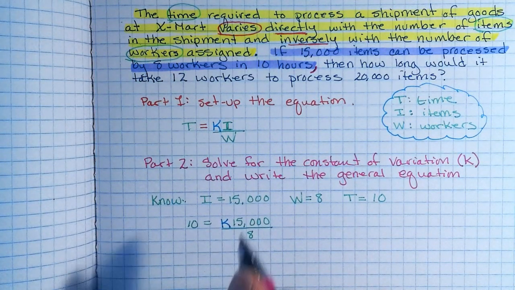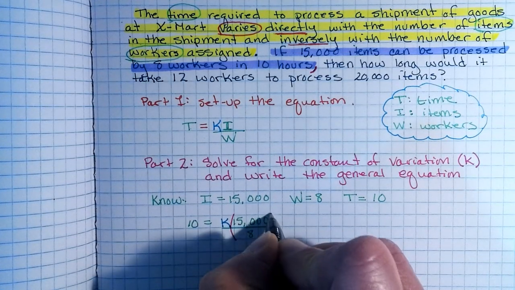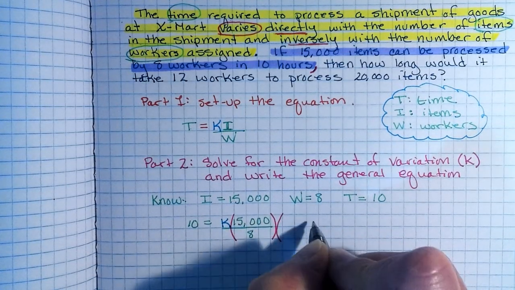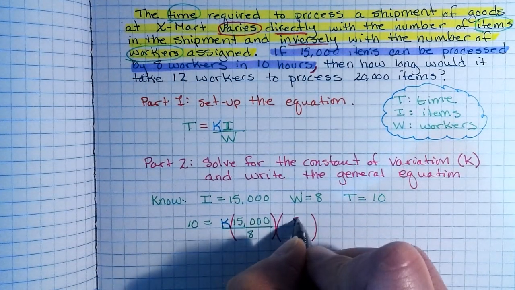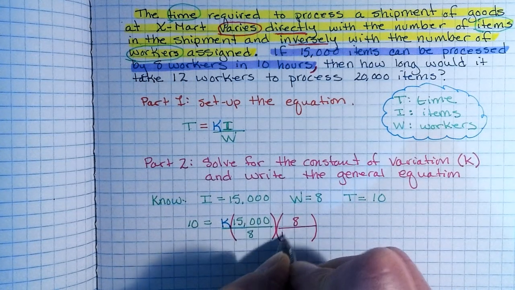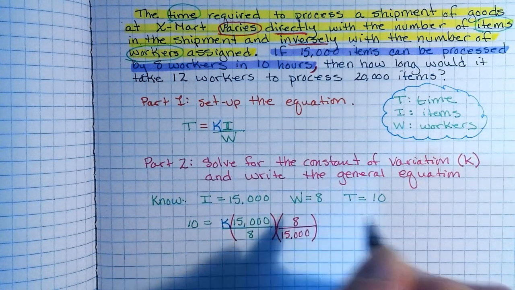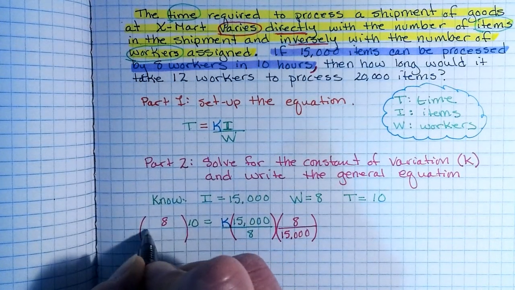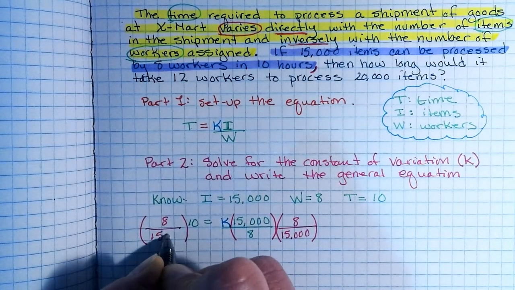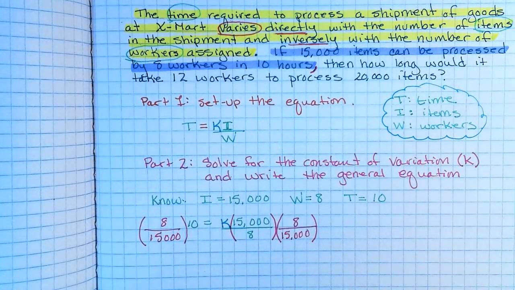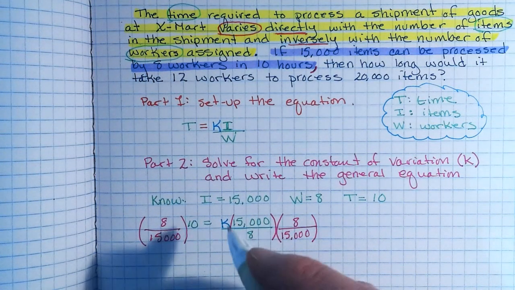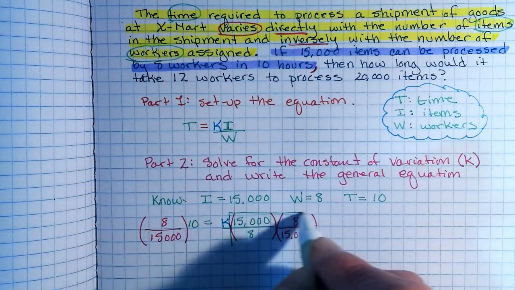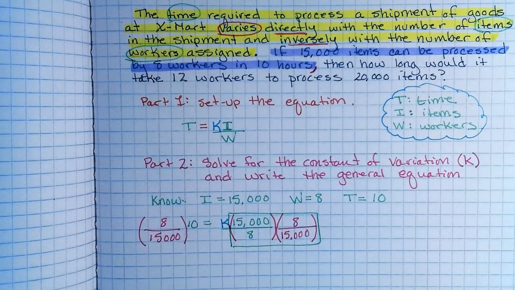So the easiest way to do this is to multiply by the reciprocal to both sides, because I know that this is going to divide out to 1.